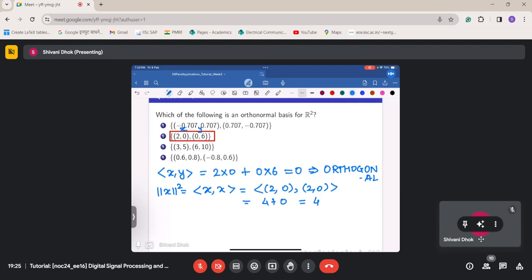I can also take element by element square. So for this one, 0 square plus 6 square, which is 0 plus 36, that is 36. So this is not equal to 1 and this is also not equal to 1, which means that these are not orthonormal. So this thing is also no.